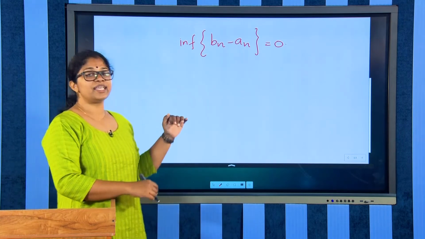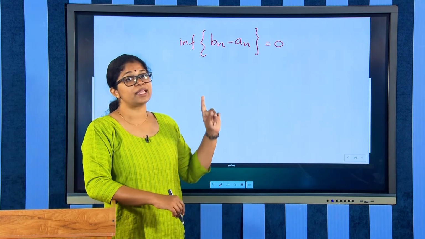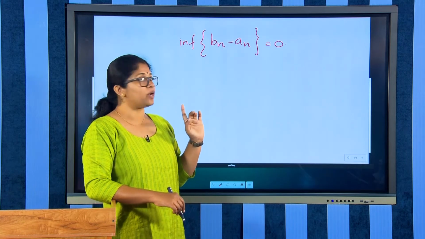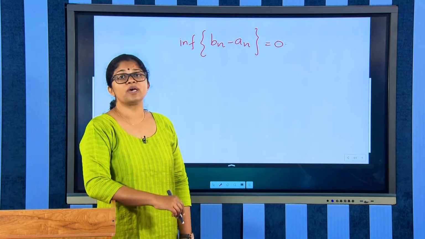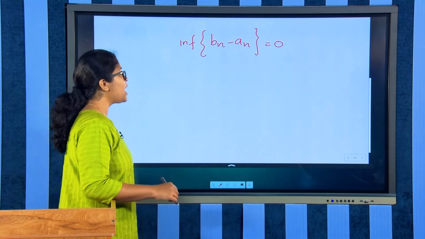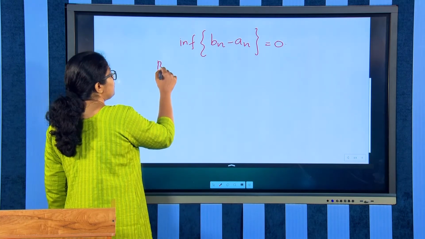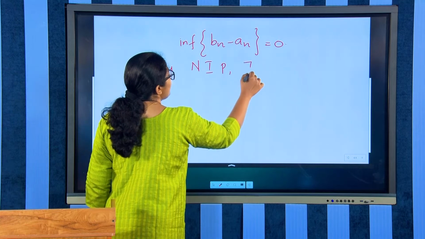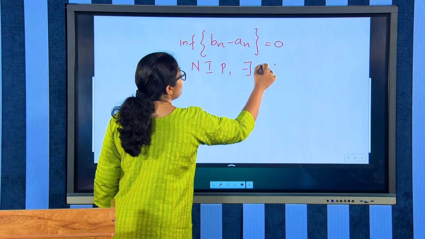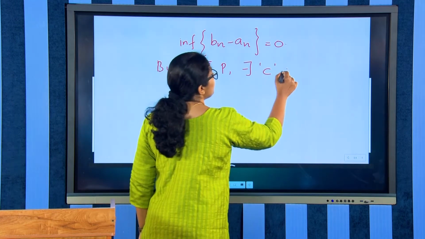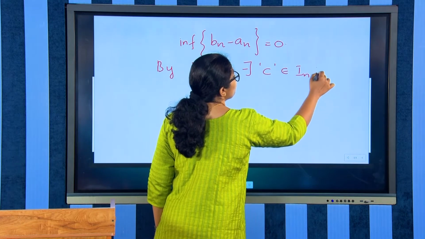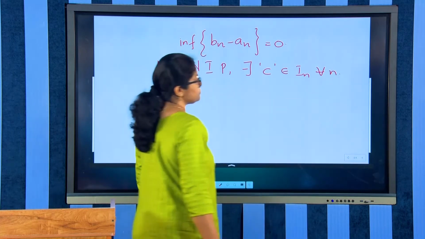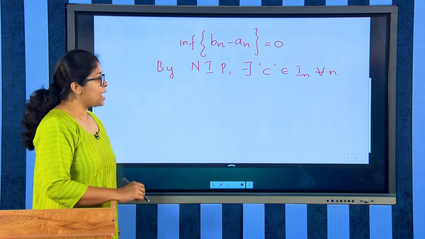So all these conditions could remind you of something that we have studied in one of the previous sessions, which is the nested interval property. And so by nested interval property, there exists a common point C belonging to In for every n. Okay.